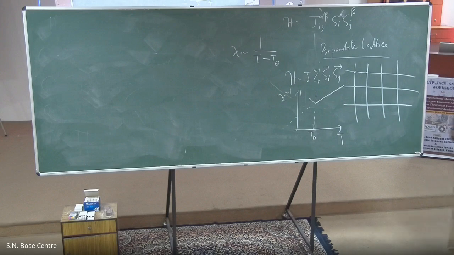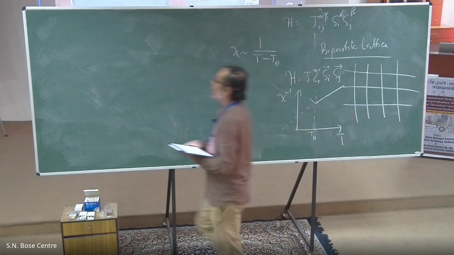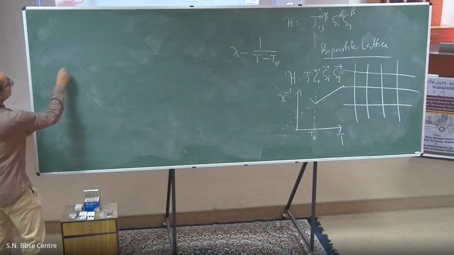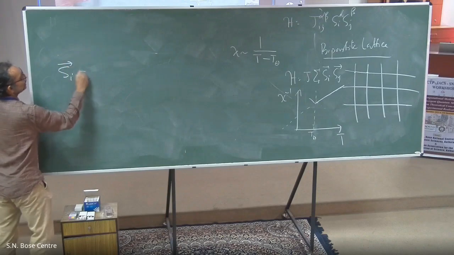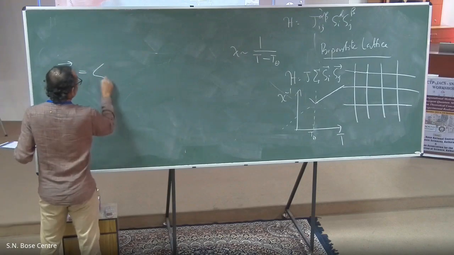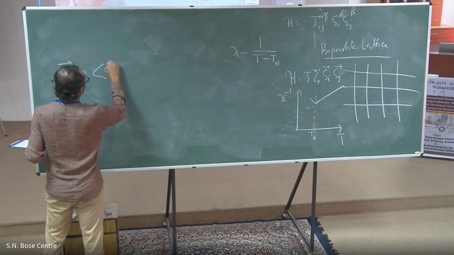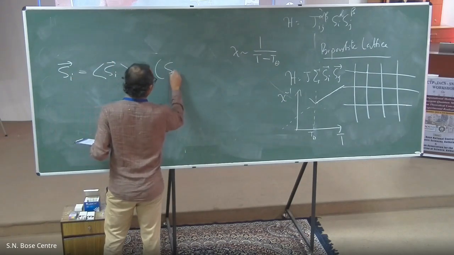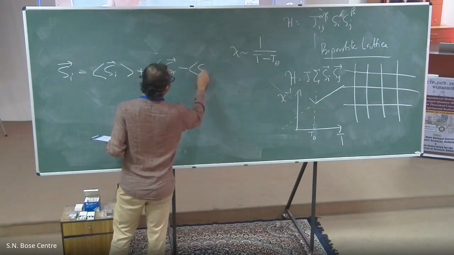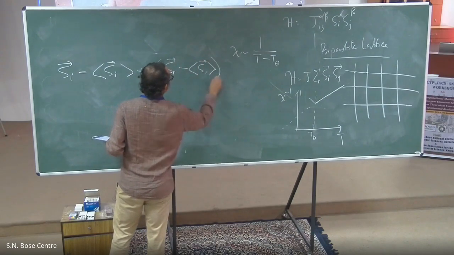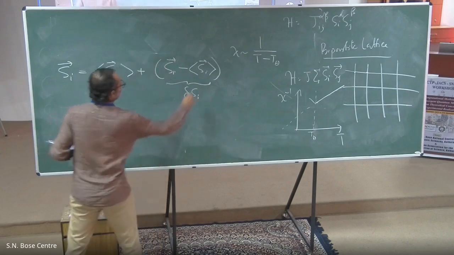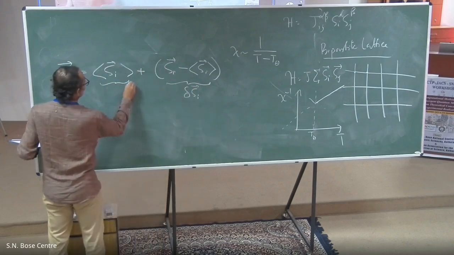And this is what we usually capture by Curie-Weiss types of mean field theories, where we try to write down the S_i as the average value of S_i plus delta S_i, where the average is the order parameter.